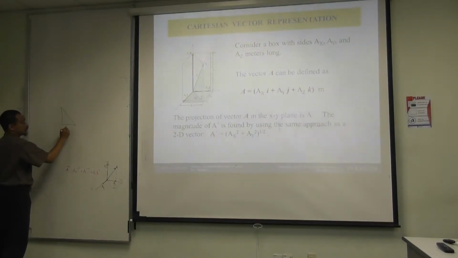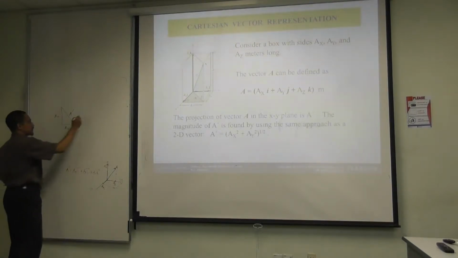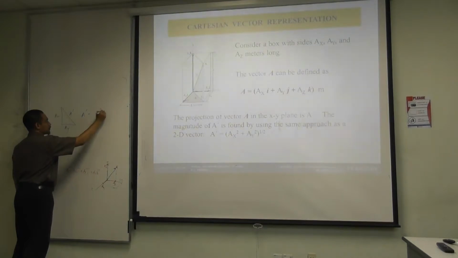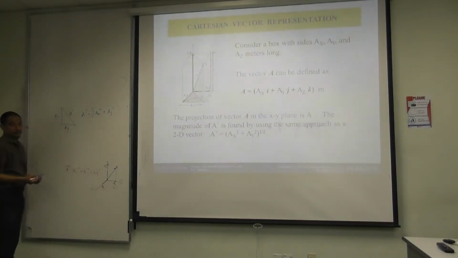This will be ay, this will be ax, and this is labeled as A prime. So quite simply, the relationship can be expressed as A prime squared equals ax squared plus ay squared, right?